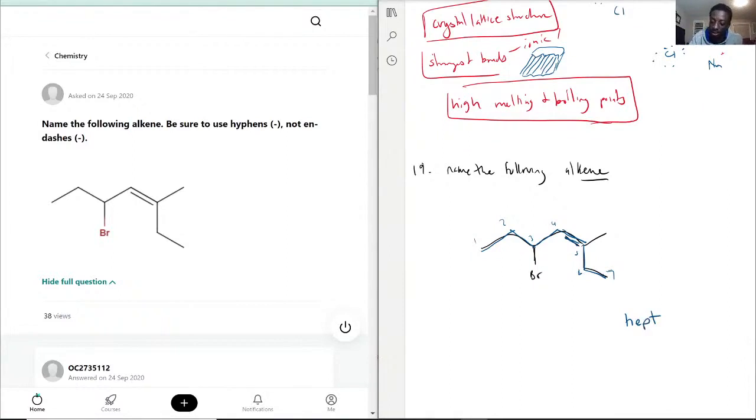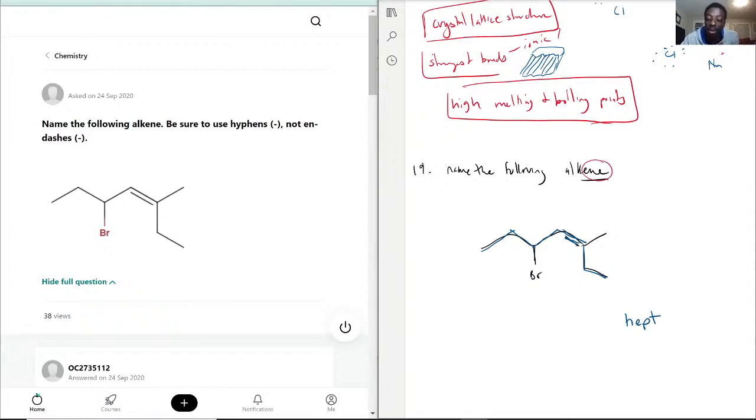All right, so now the trick here is in how we number. We have to number to put the most important part, and each part is ranked differently, as close as we can to the double bond, because that's what defines this. It's an alkene now.